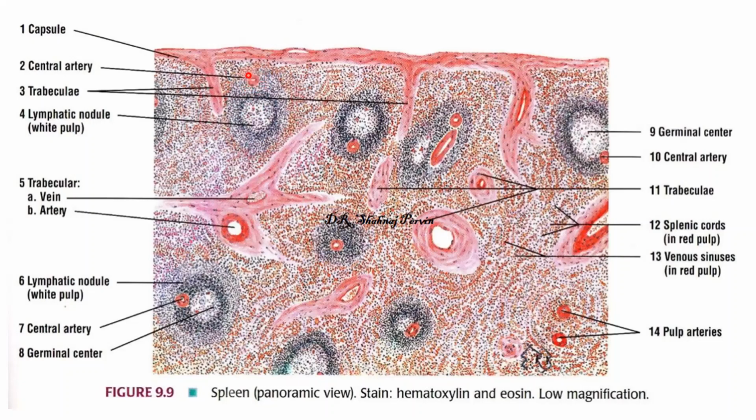This periarterial lymphatic sheath contains T lymphocytes, and the red pulp contains the blood cells and the splenic sinusoids. These splenic sinusoids you are seeing, these are all venous sinuses, and the blood cells are there.